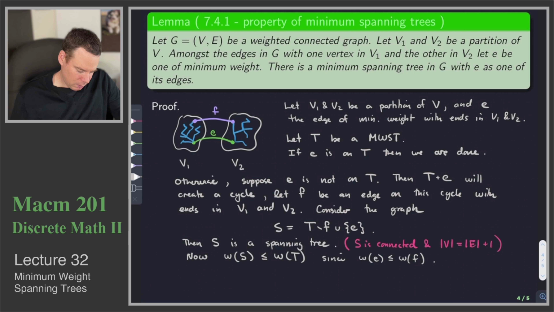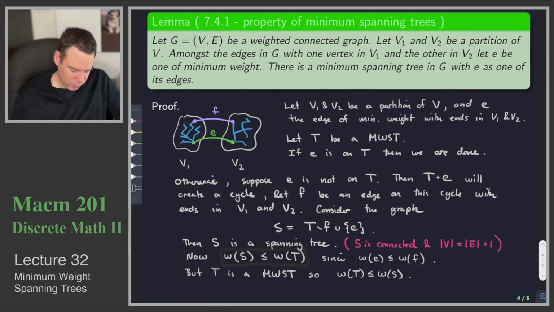And so what does that mean? Well, we have that T is a minimum weight spanning tree. So the weight of T has to be less than or equal to the weight of S. And so I have these two inequalities.